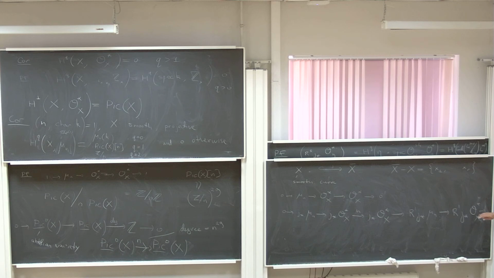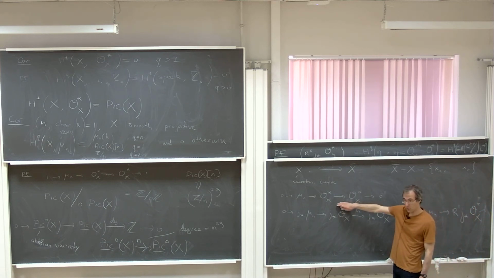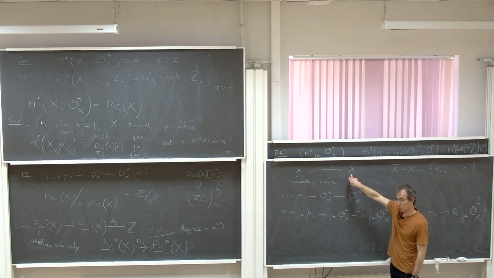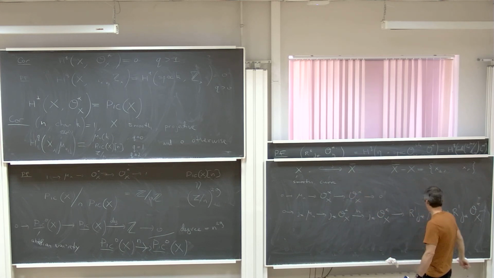So what do I know about this? So I just take this short exact sequence of sheaves on X, and I take the direct image to X bar. So we already proved that this guy is 0. We consider the direct image from the generic point, but the stalks here are exactly the same. No difference.